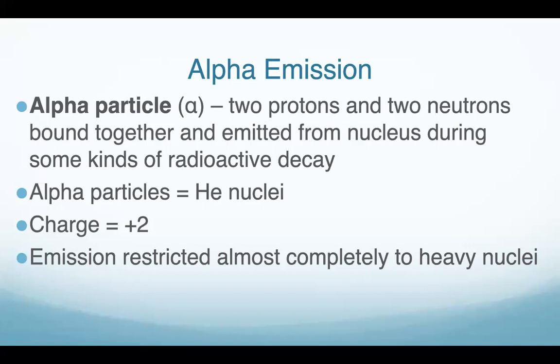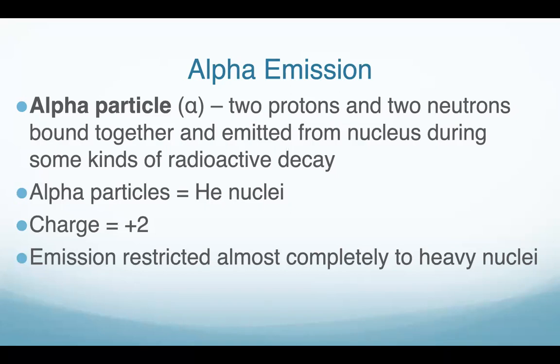All right, so radioactive decay is when a nucleus releases a particular particle to make the nucleus more stable, starting with alpha emission. An alpha particle is 2 protons and 2 neutrons that are bound together and emitted from the nucleus during some kinds of radioactive decay. An alpha particle is really just the nucleus of a helium atom.